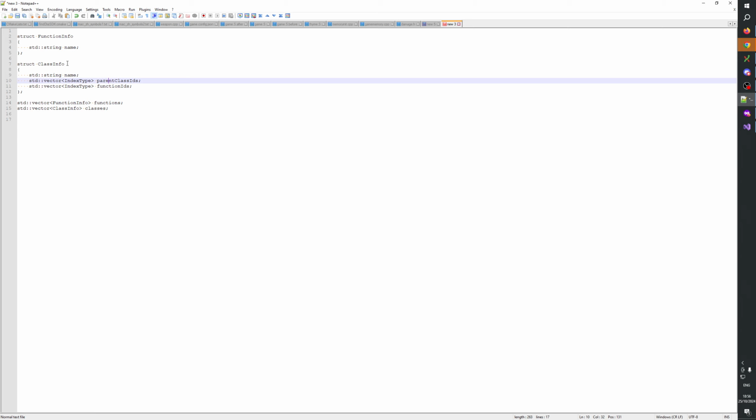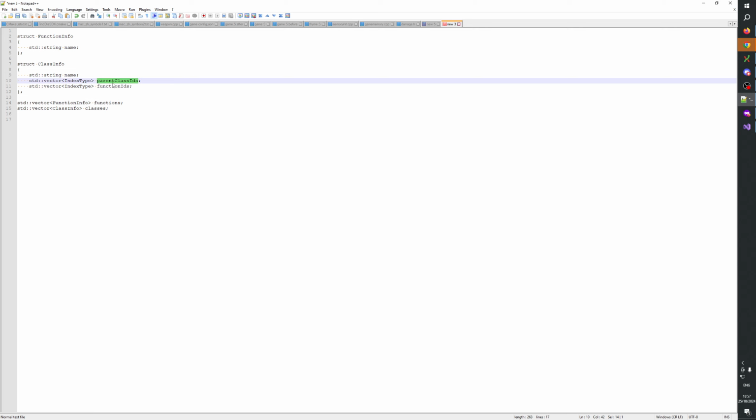Okay, so let's think this through. We have function info, which is in here, just the functions vector. Then we have a vector of classes. These classes have a name, and inside a vector of function IDs, so they link to the functions in here that they own.